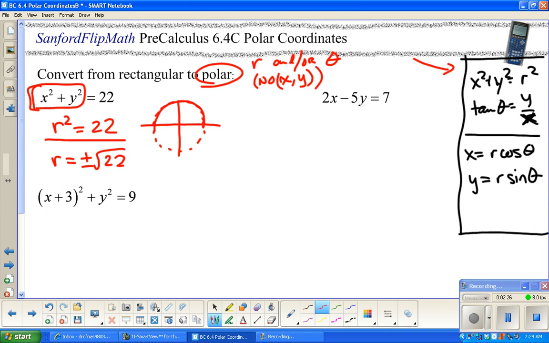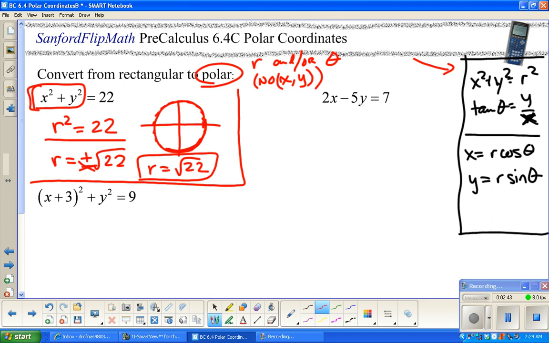The negative distances are already covered by the fact that you can go to any angle, so you don't really need the plus or minus. So r equals square root of 22 is in polar, and that's probably one of the easiest ones that we're going to see.